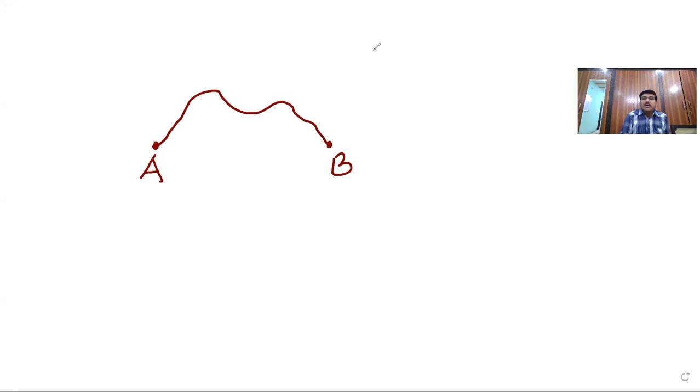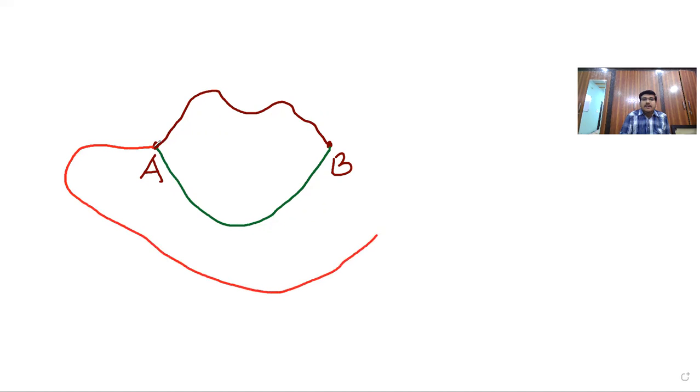Or else we are traveling like this from A to B. Or else we are traveling like this and reaching the B position.